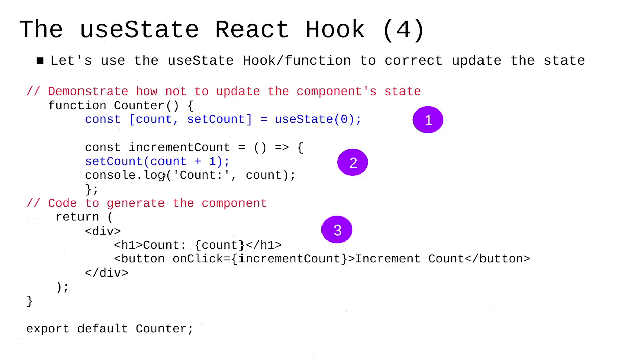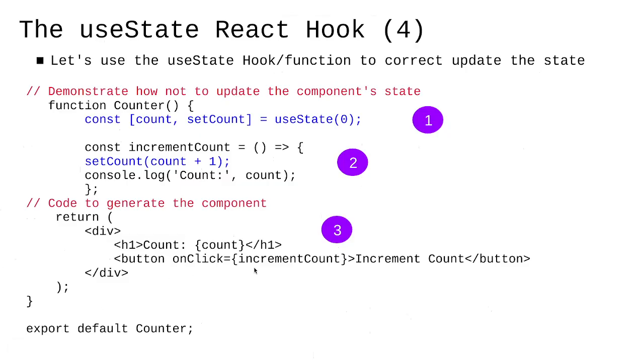Here I'm saying that I want it to become what it was plus 1. That's how we update the state. We must do it through the function. Then in step 3 we can use the variable, and it should be the correctly updated value.